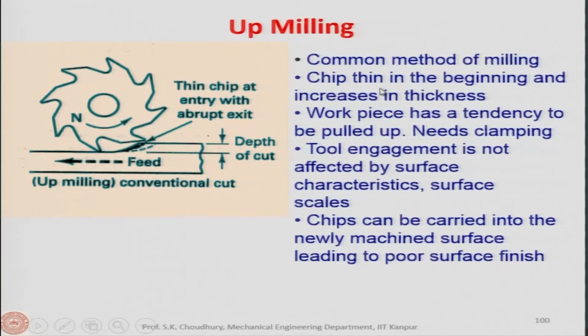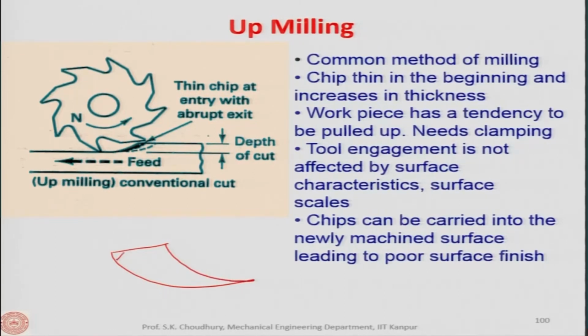Now, the chip is thin in the beginning. You can see from here, when one of the teeth of the milling cutter grabs the workpiece material, the chip thickness is 0, and the chip thickness becomes maximum as the tool is given feed. I have already shown it to you somewhere earlier also, that this is a kind of chip that can be produced.